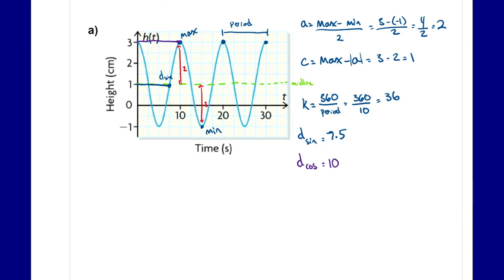So for my two functions, I'm going to start with the sine. y equals A, which is 2 sine, and then in brackets 36 x, because it's positive, x minus 7.5, plus my C value, or plus 1.